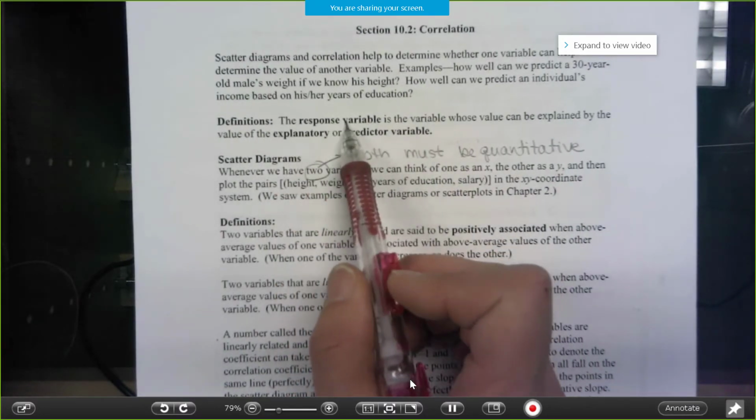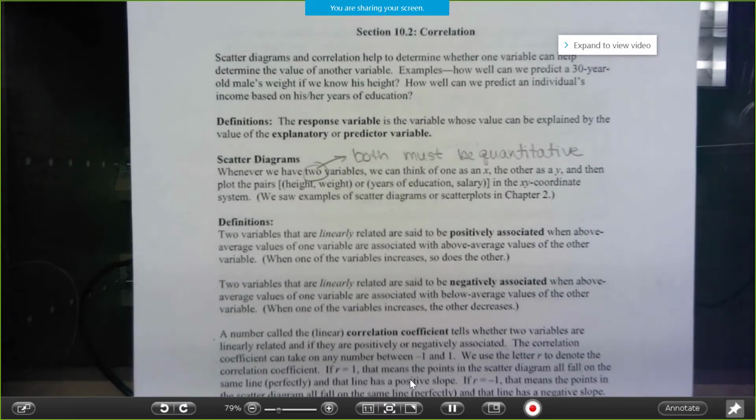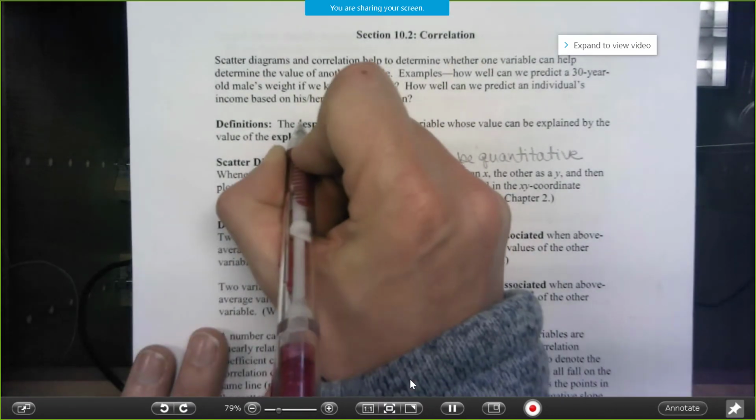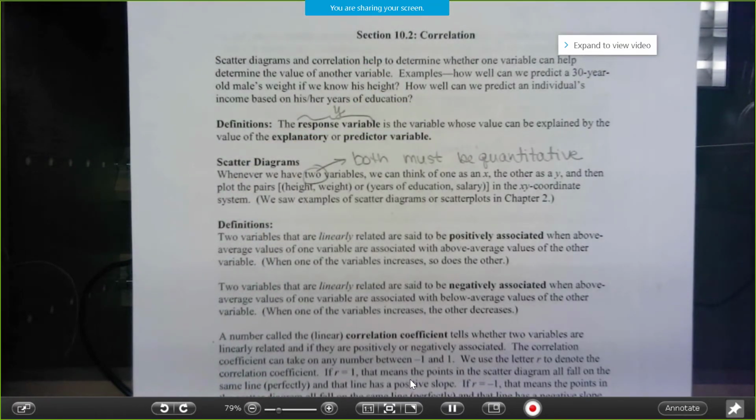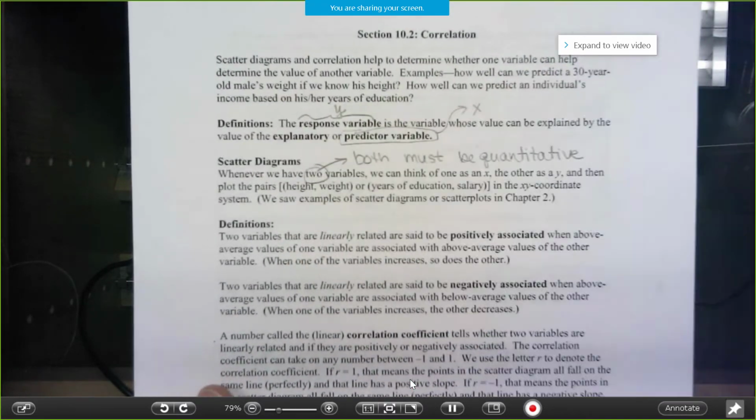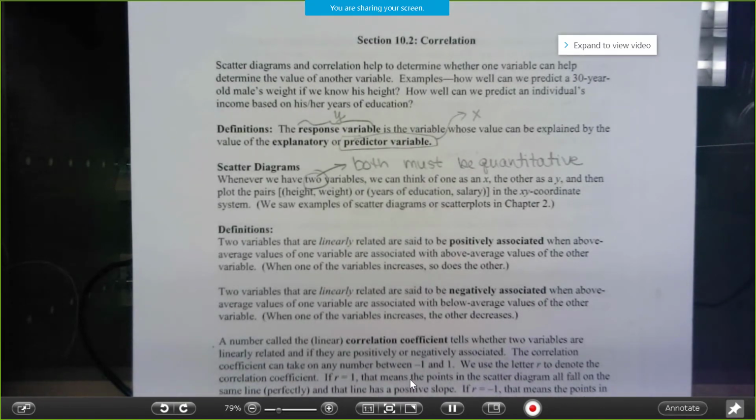So the response variable is the variable whose value can be explained by the value of the explanatory or predictor variable. So the response variable is going to be like the y. We're going to have an x and a y. So the response is the y. The predictor is the x. And sometimes it really doesn't matter which one is the x and which one is the y.